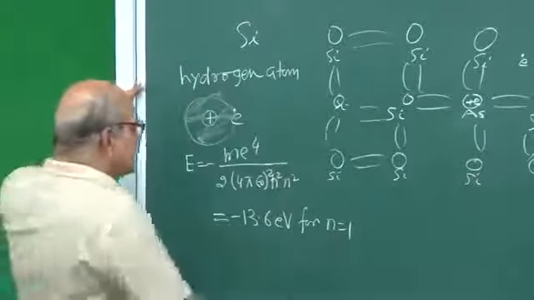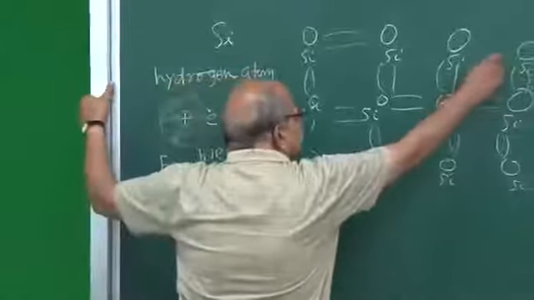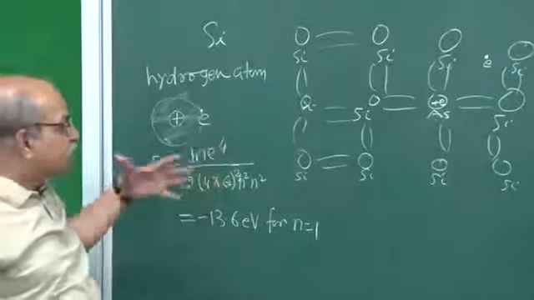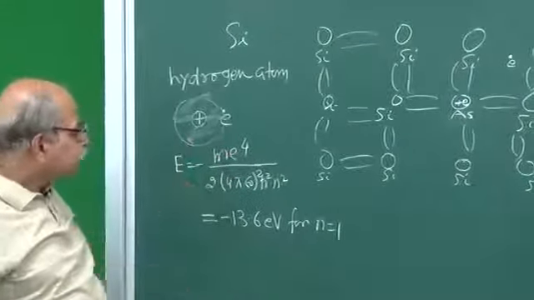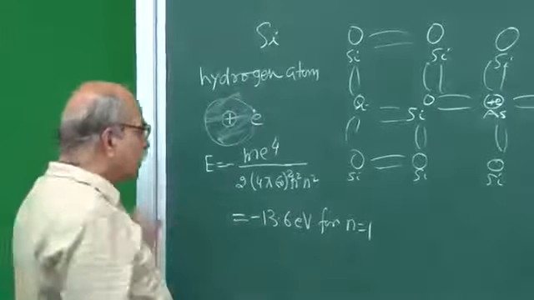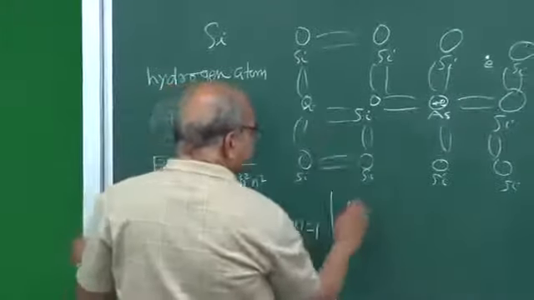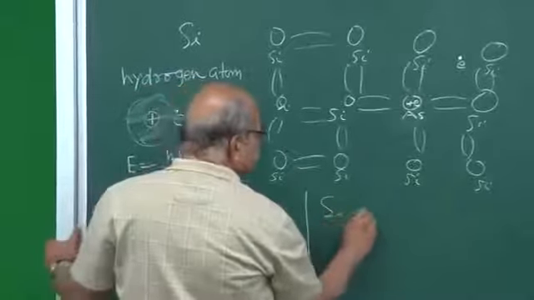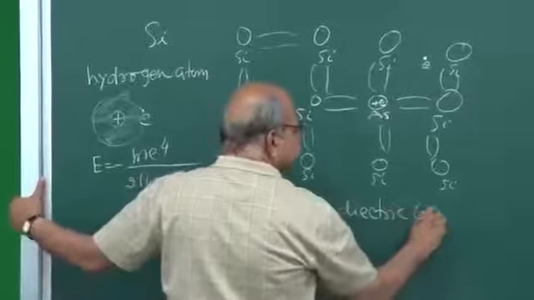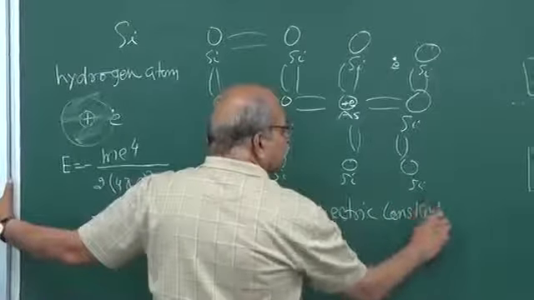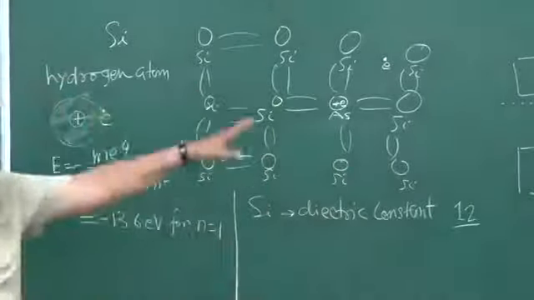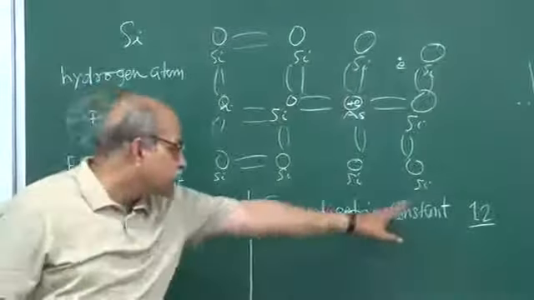So you can have a similar expression for the energy levels of this electron in the field of the arsenic ion. The same expression one can approximate with two modifications. One is that it is in a silicon crystal, and silicon has a dielectric constant of approximately 12, 11.67 etc., so roughly 12.